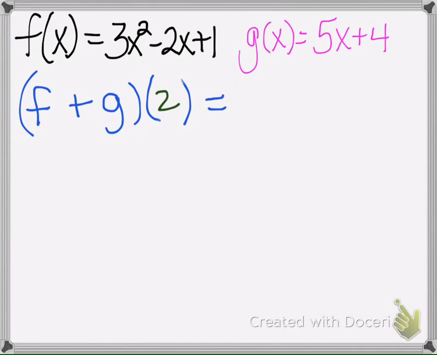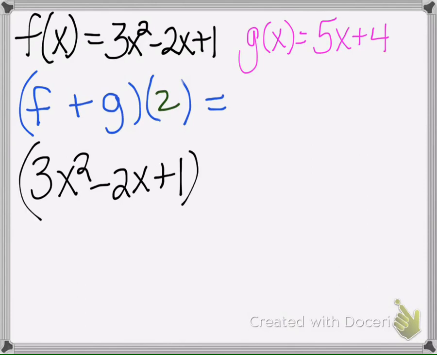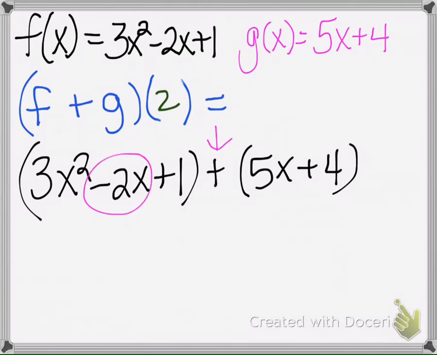The other way that we could do it is that we could take function f and add it with function g. So we can combine our like terms here, because it says to add, just combine them. We're not multiplying here. Combine the 1 with the 4.